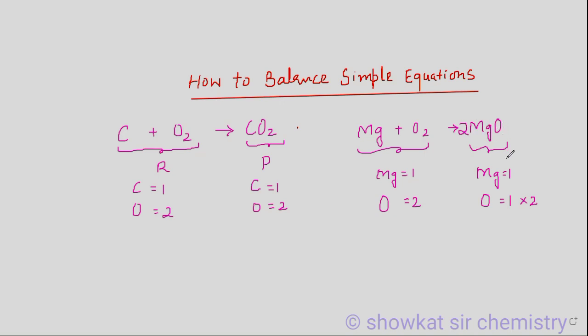So there are 2 magnesium atoms now on the product side, and similarly 2 oxygen atoms on the product side. And now therefore you will also multiply this magnesium by 2. So now we are having 2 magnesium atoms on the reactant side as well as on the product side. So it is now completely balanced. So I hope that you have got this one.